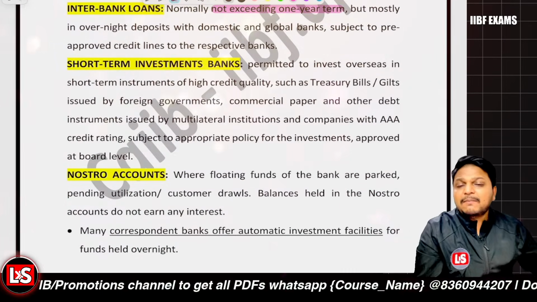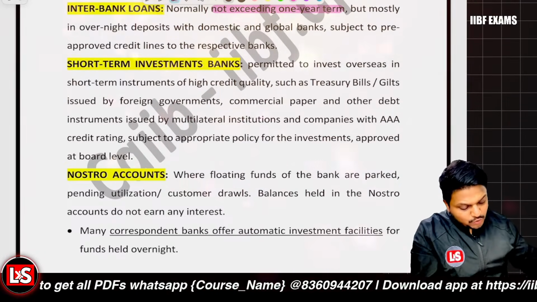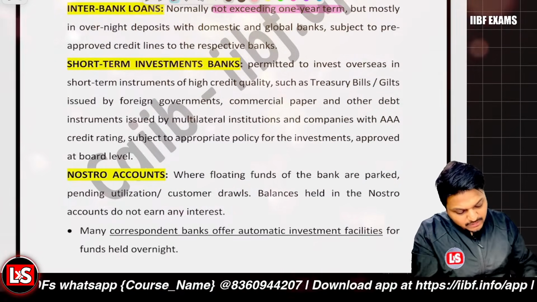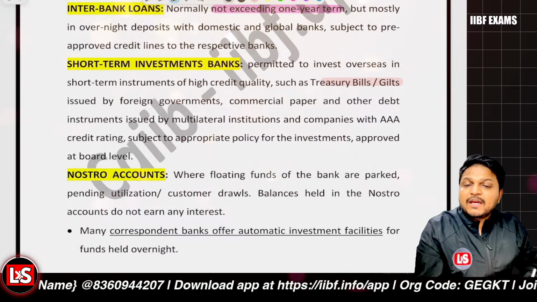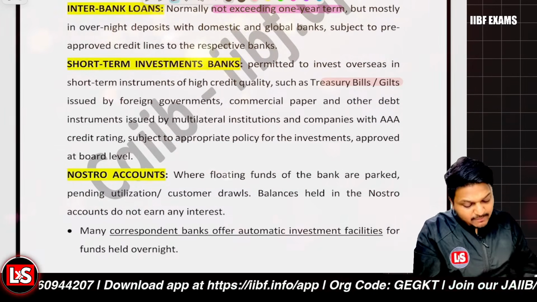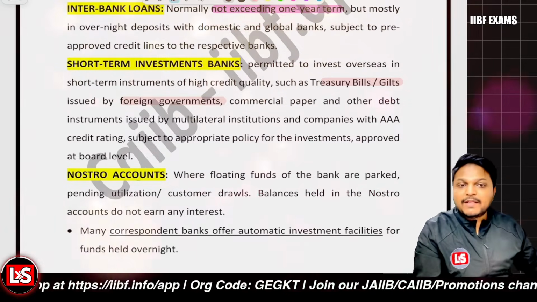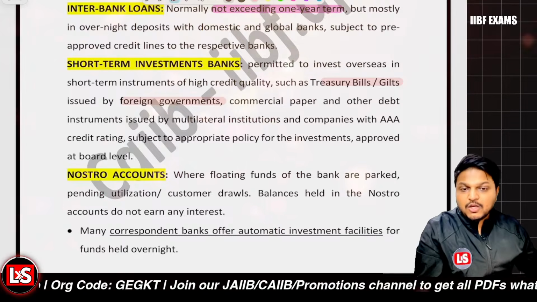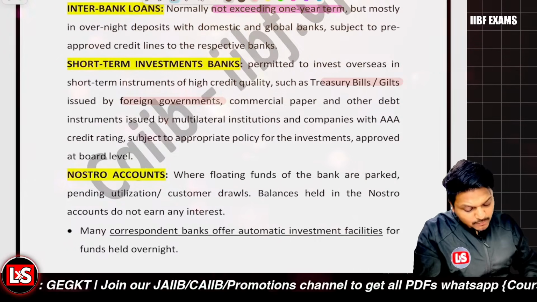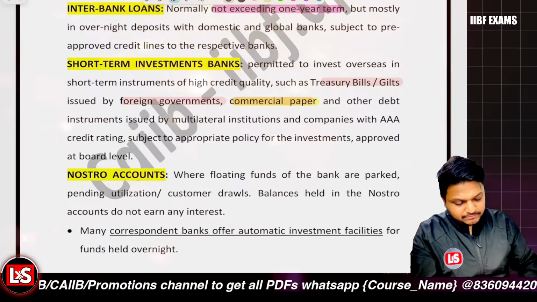Also, such surplus balances can be used for short-term overseas investment purposes. It can be used for investment into treasury bills issued by foreign governments, right? Or you can invest into gilts, or sovereign bonds issued by the foreign government, which are very much safer. Or you can also invest into commercial papers, which are somewhat on the riskier side.